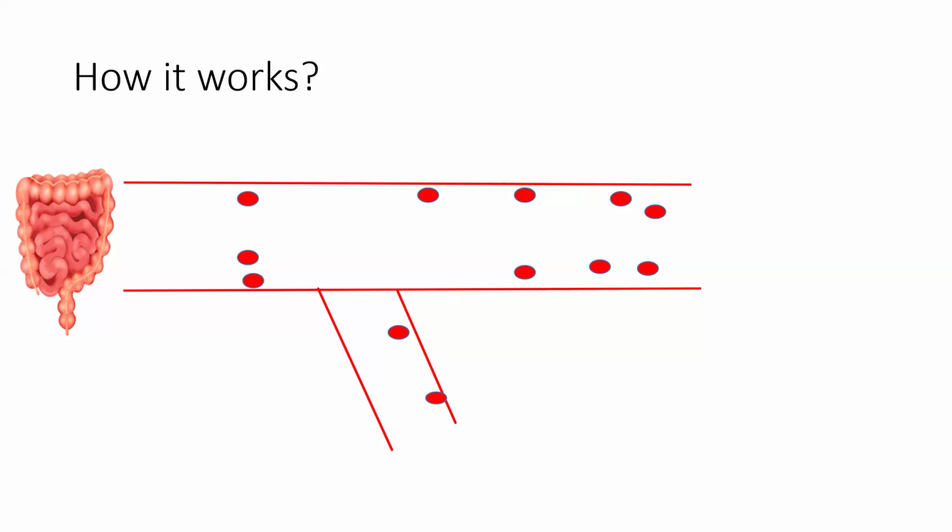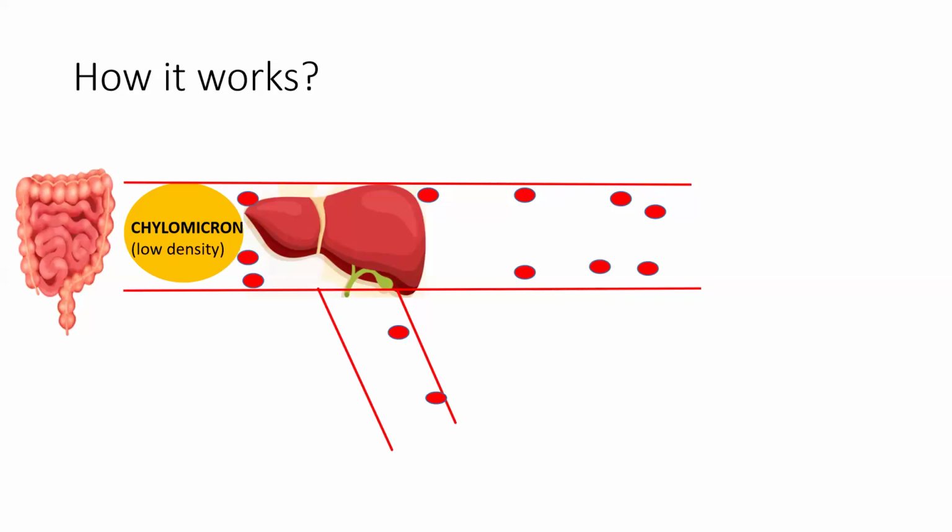The first lipid released is the chylomicron, which is a low density lipid, meaning it has more lipid content and less protein content. So it carries more cholesterol and fat. Through the intestine, the chylomicron comes out into the bloodstream and then goes to the liver.